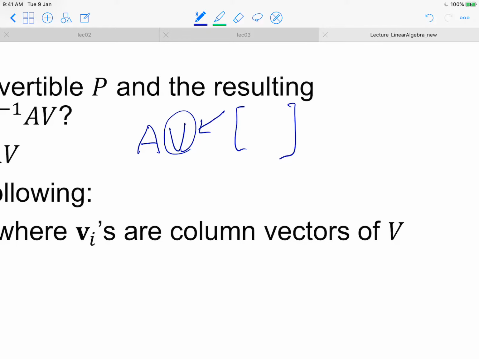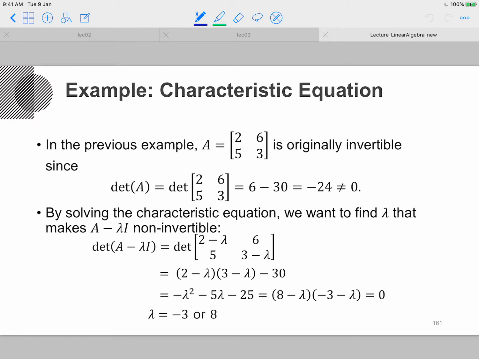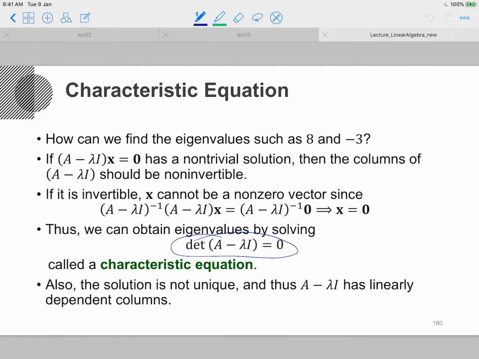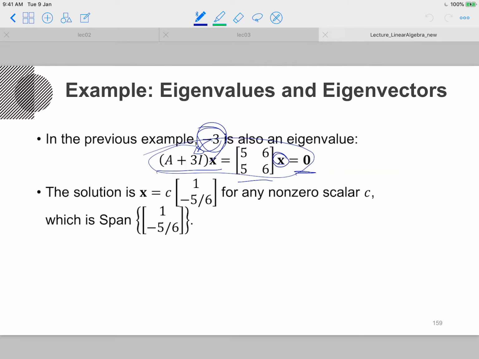In the previous case, we found -3 and 8 as 2 eigenvalues, and this eigenvector is found as -1 and 1, right? And for this eigenvalue, we found another eigenvector over here, right?